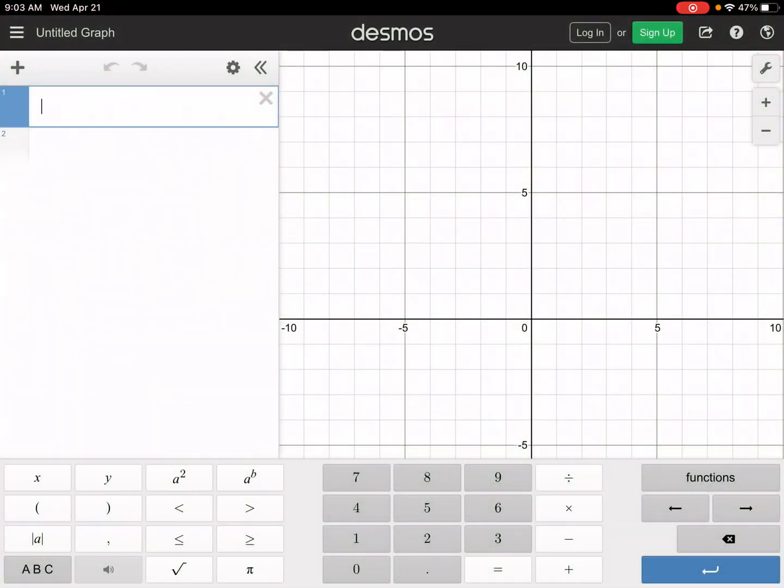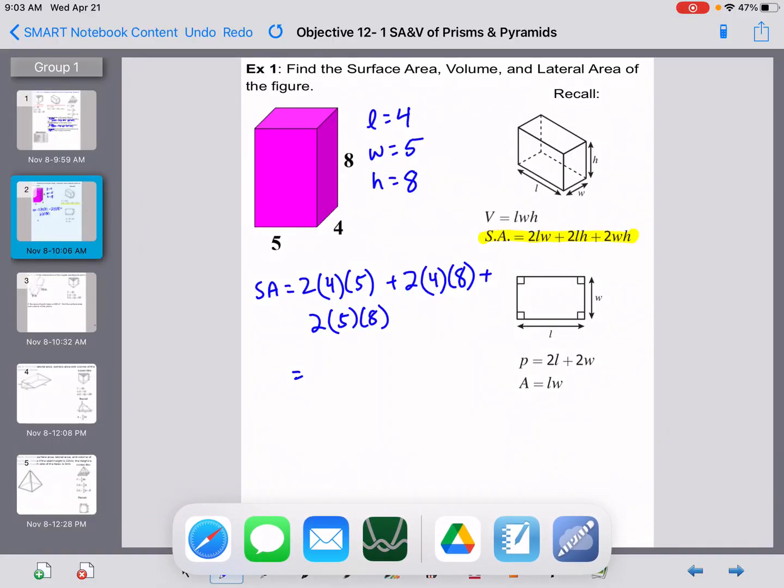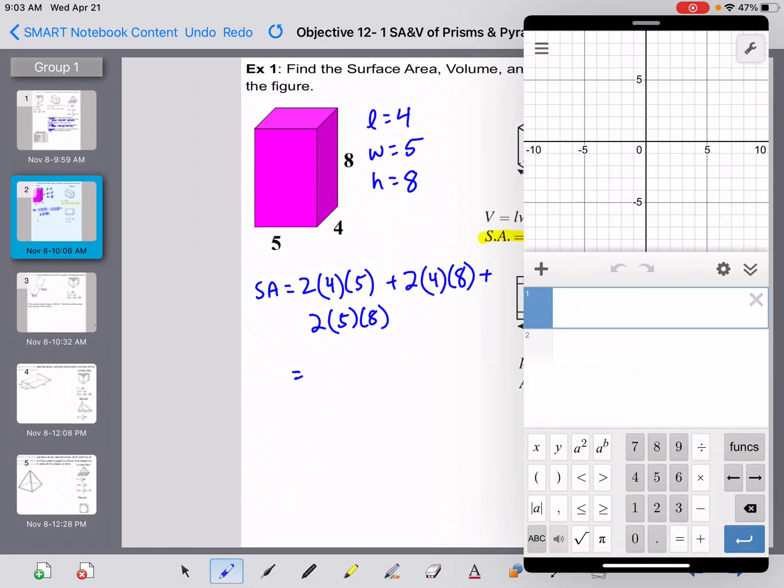All right, so, okay. We're just going to type those numbers in exactly like you wrote them. Plus 2, 4, and 8, plus 2, 5, and 8.